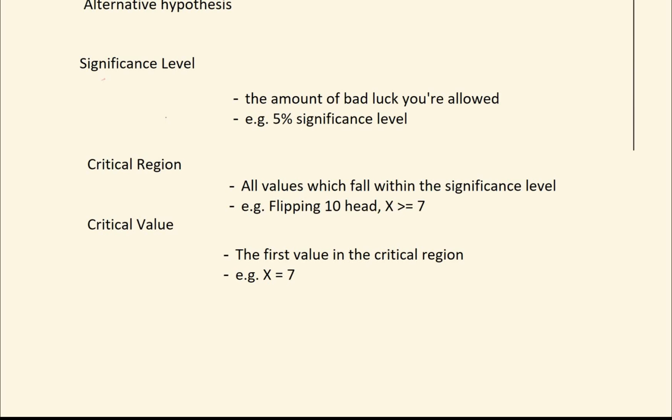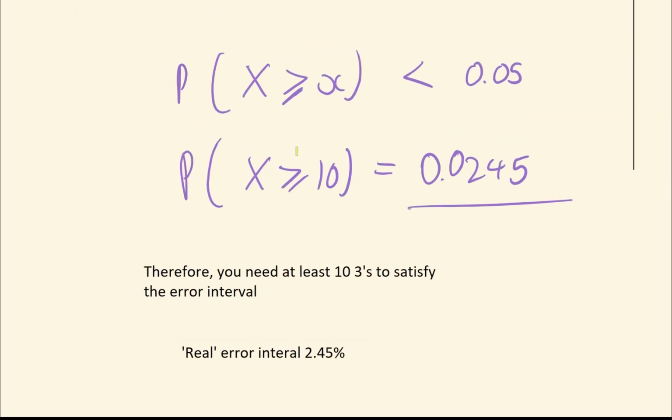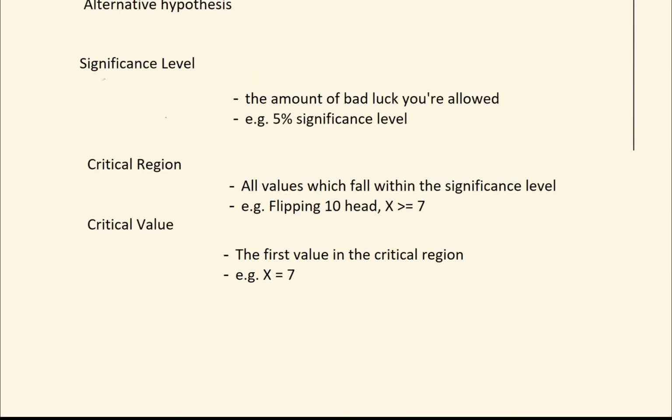Two more definitions I haven't mentioned yet. The first is the critical region. So from our previous question, this here was our critical region. If we got 10 or more threes, we would then, within the significance level, have a biased dice. So it's all values which are going to fall within the significance level.